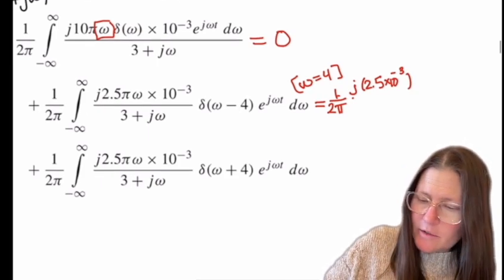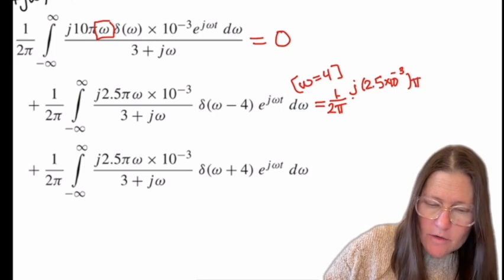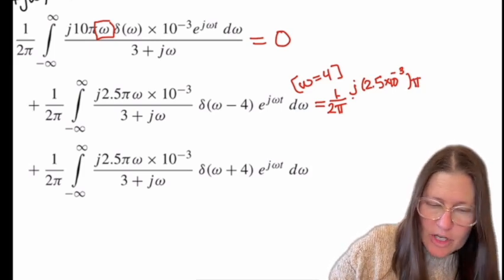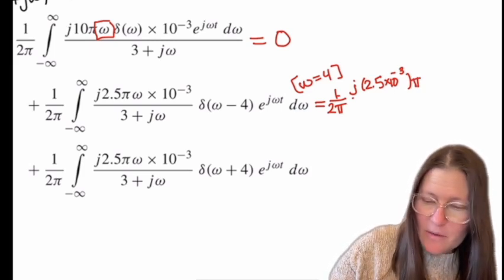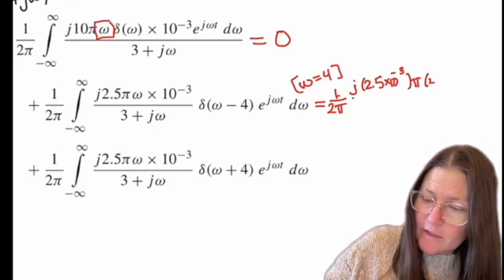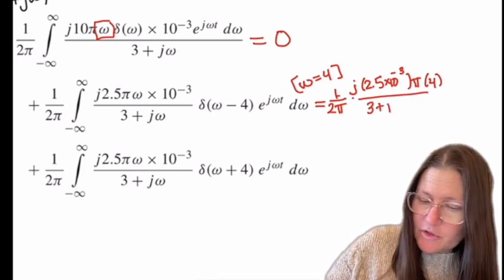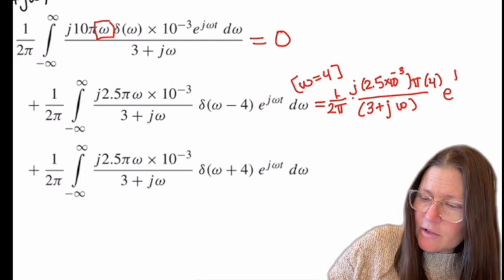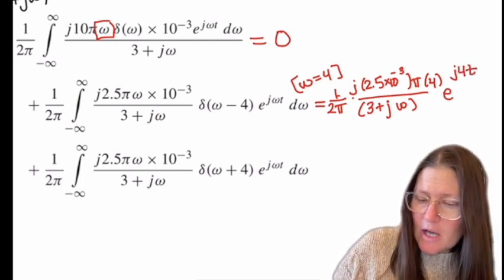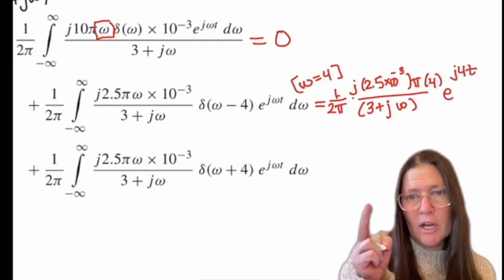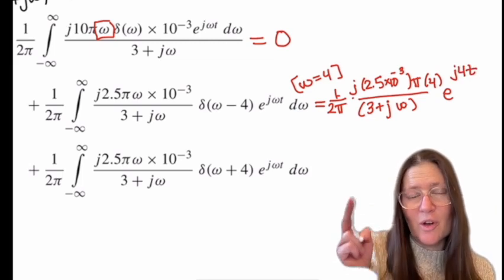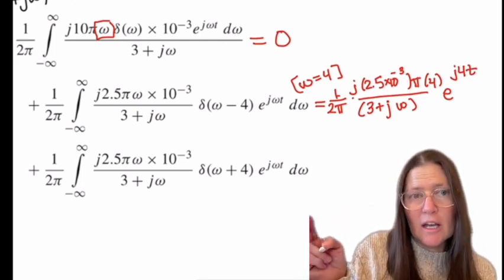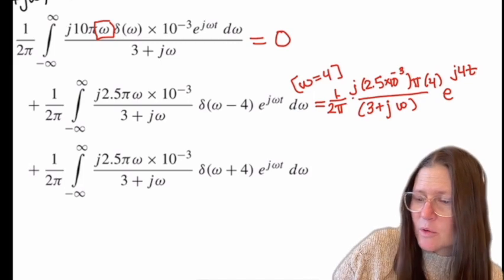And then there's the pi, and 10 to the minus 3j, 2.5 pi, and then we have omega, so that becomes 4 all over 3 plus j omega, and then e raised to the e4t. And then the delta omega minus 4, d omega integration is all going to equal 1.